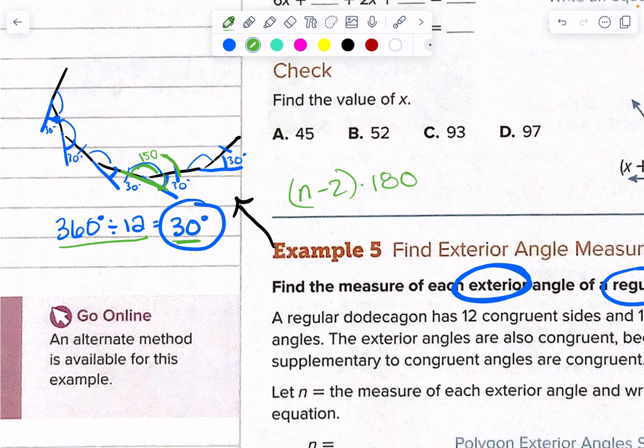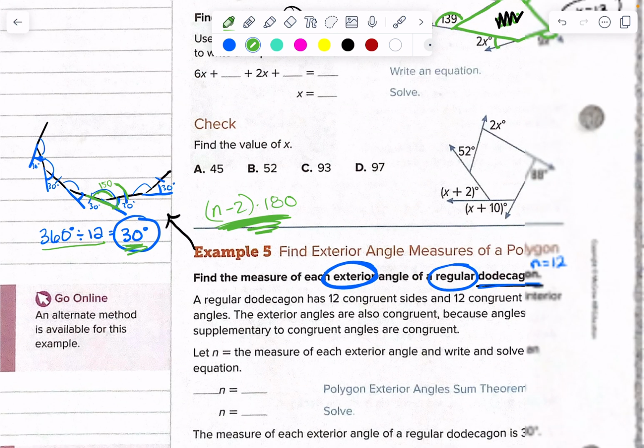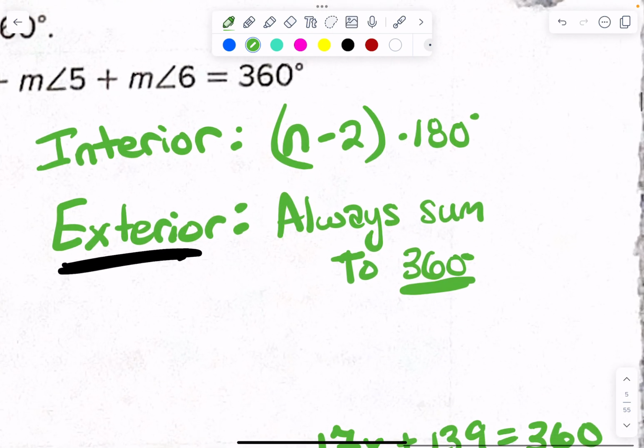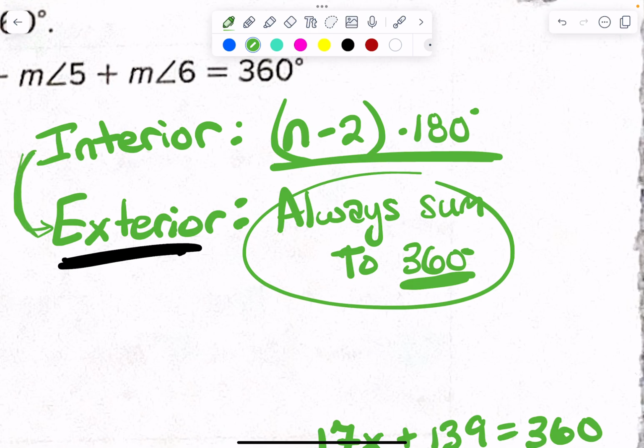So rather than doing that route to find the interior ones, you could find the exterior ones and subtract from 180. That's totally legit as well. However you want to look at it, there are many different shortcuts. However many sides you have, you can find the interior angles and the exterior angles using either this method or the fact that exterior angles always add up to be 360. Make sure that you're keeping those two straight.